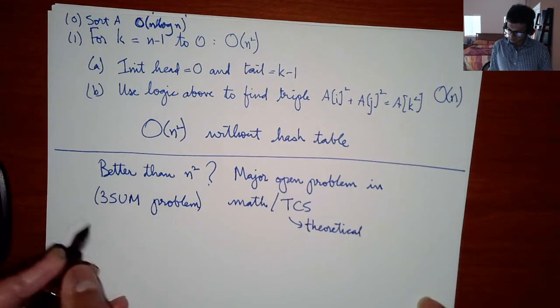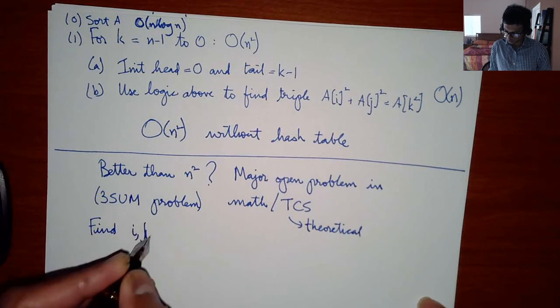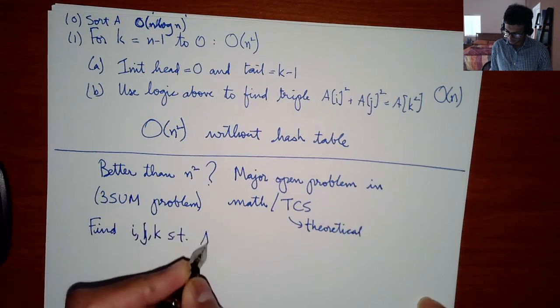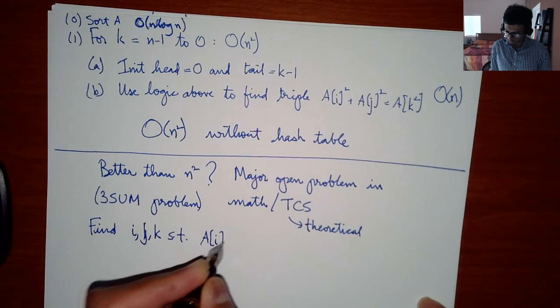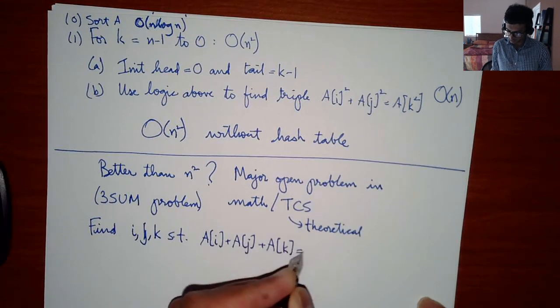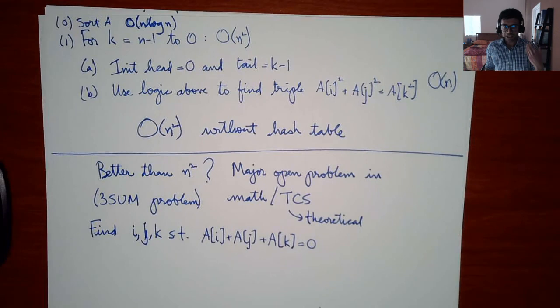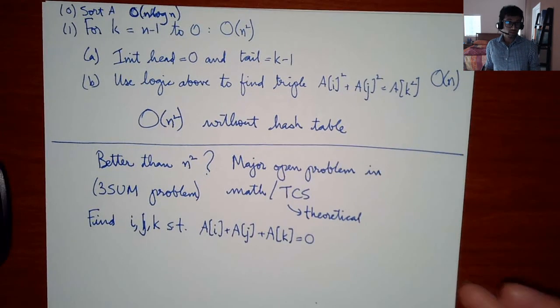It says find I, J, K such that A_I plus A_J plus A_K sum up to 0. This is usually how the 3-sum problem is phrased, and it's identical to the Pythagorean triple, just by moving things around. So you can very easily bump into something which is just unsolved, and you don't know.